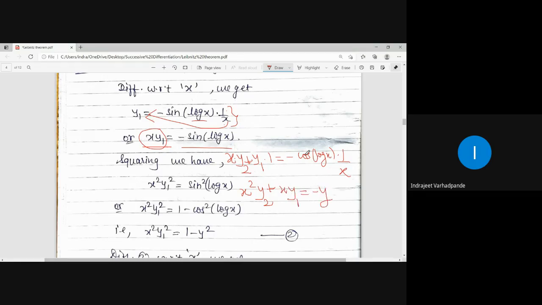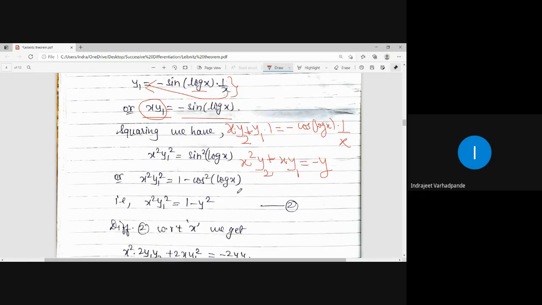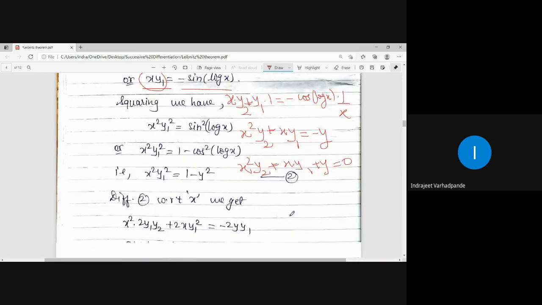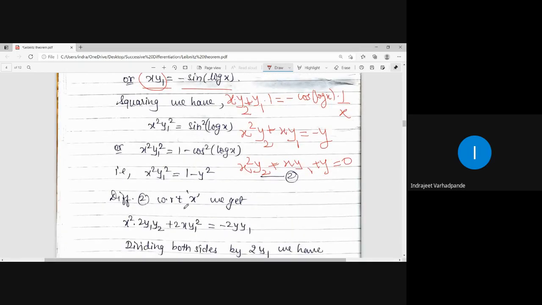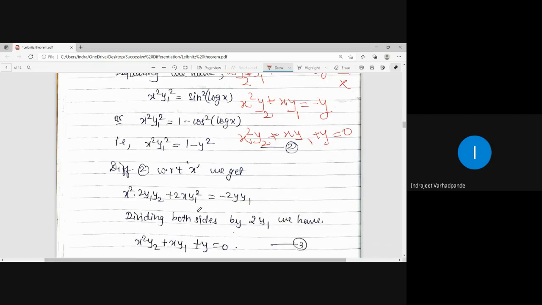It is the original question. So we get x square y2 plus x y1 plus y is equal to 0. Are you getting the same result over here? Does the squaring method seem a bit tedious? See, here I am getting the same result after doing this also. Clear?